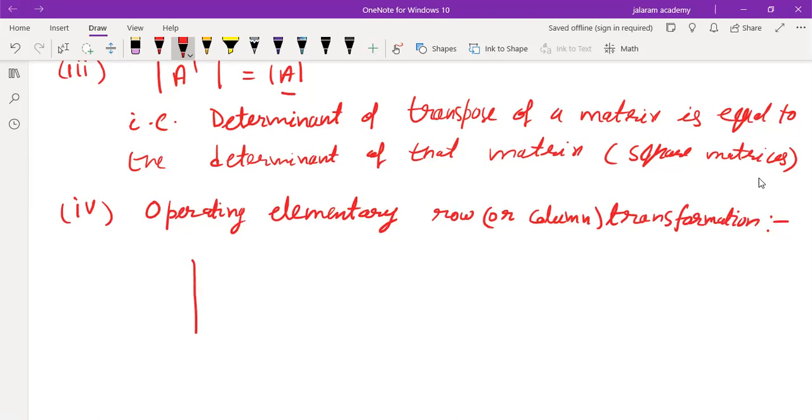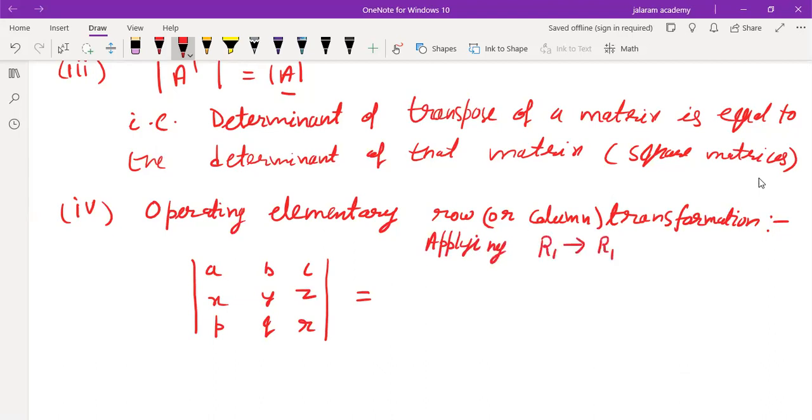If we write a determinant with rows A, B, C; X, Y, Z; P, Q, R, and apply anything, for example, R1 as R1 minus alpha R2 plus beta R3, it will give the same result.